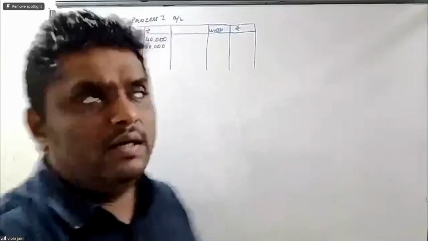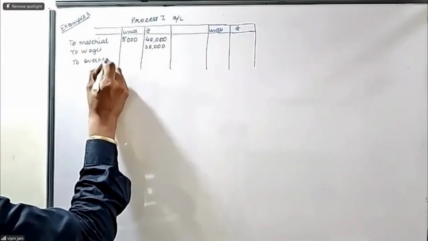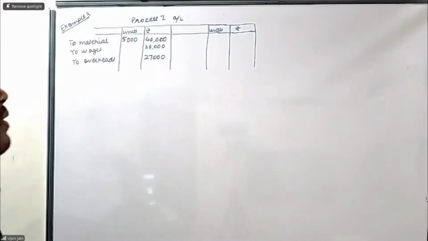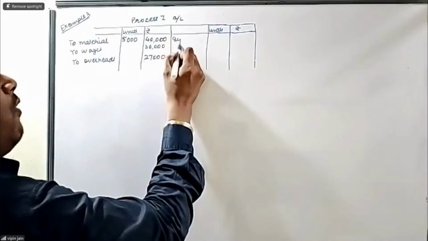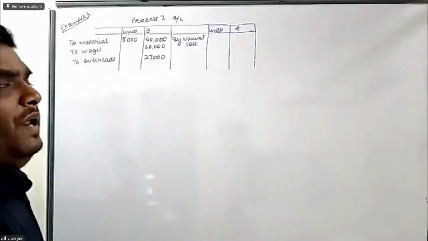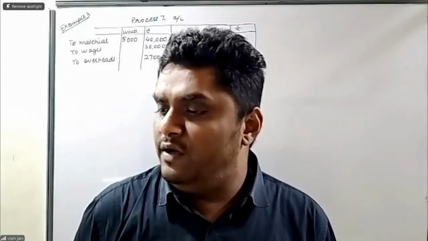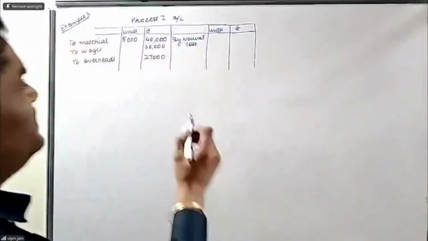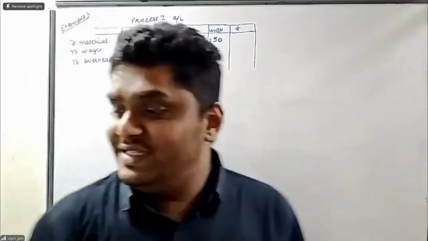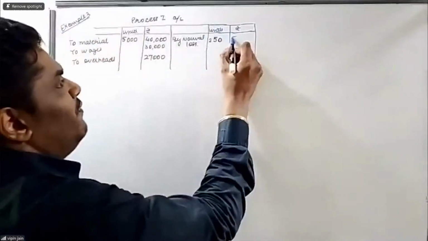Overheads are 27,000. Normal loss is 5% of inputs. So my inputs are 5,000. So 5,000 into 5%, that is 250. Now the scrap value realized is rupees 2 per unit. So 250 into 2, 500.